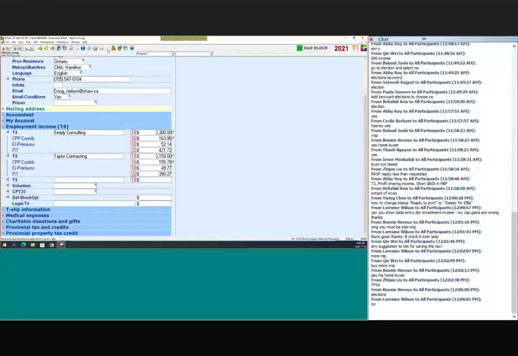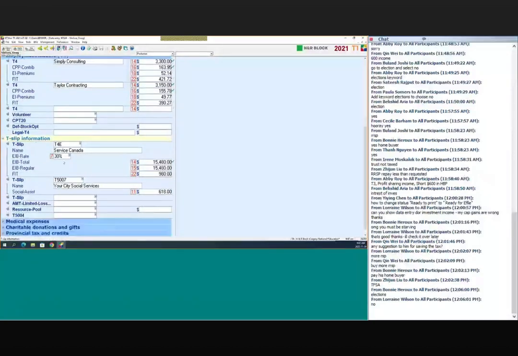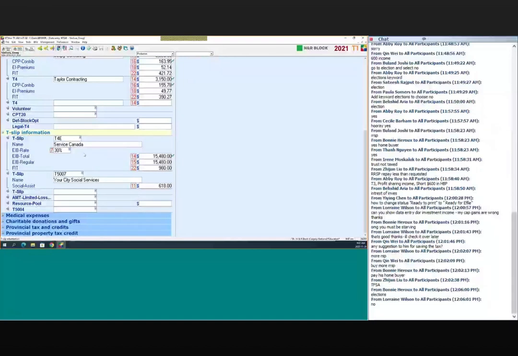So now we have a T4E. The T4E is under the T-slips, and he has a repayment rate of 30%, and he received $15,480. So we have to put that in box 14 and 15, and we have to put in the FIT, which is $980.